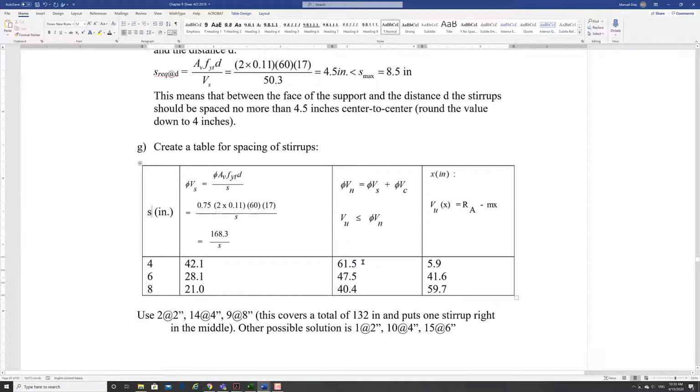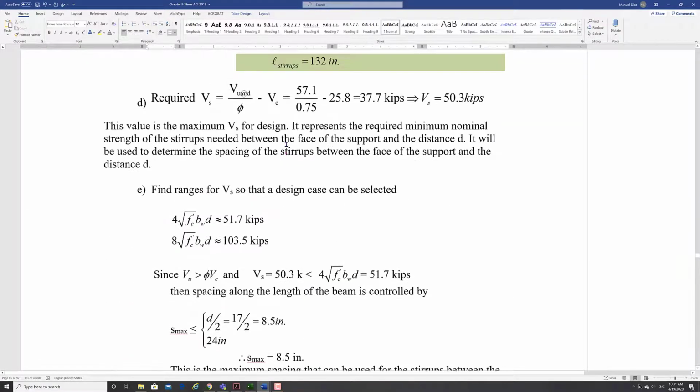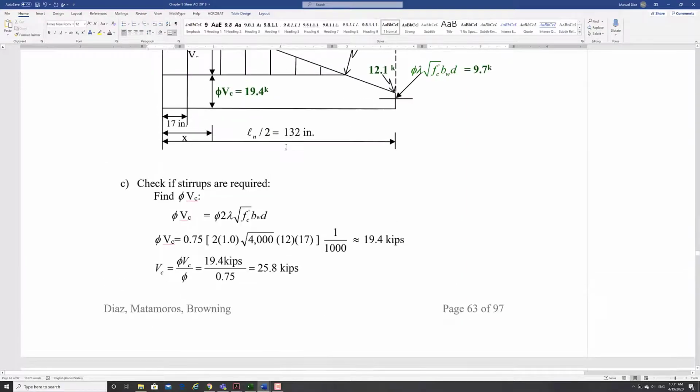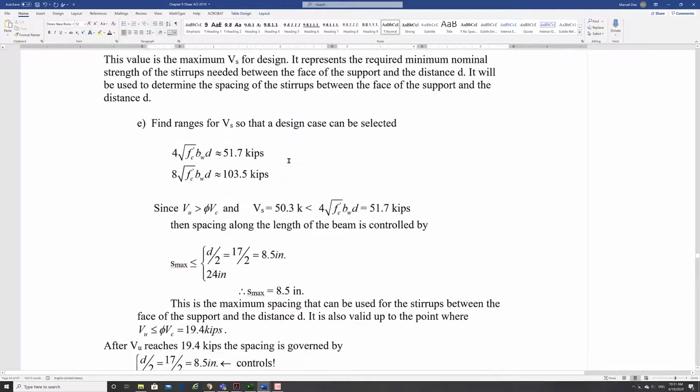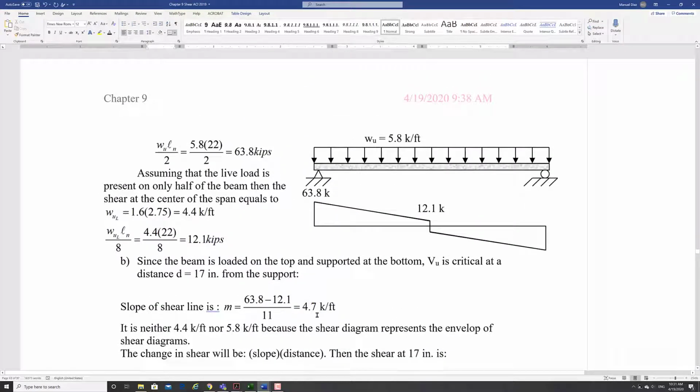The question is where 61.5 happens in your diagram, and we're going to use this formula, reaction minus load times X. But your load is sort of an average load, that M, the slope. So this is your average load that is causing that diagram. That is your equivalent load that is causing this diagram, because it comes from different diagrams.